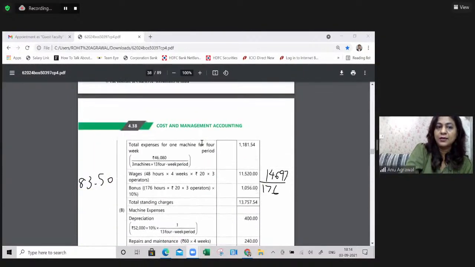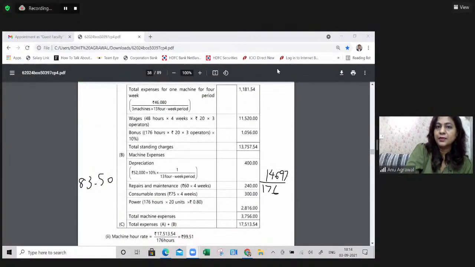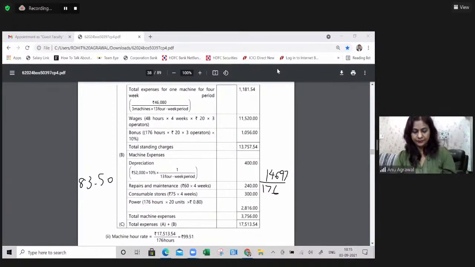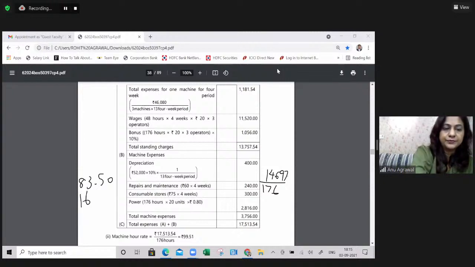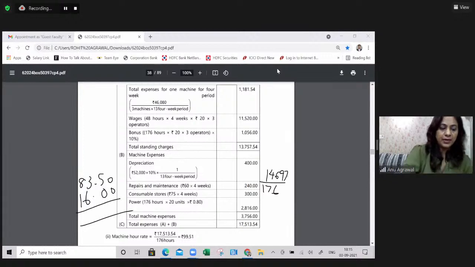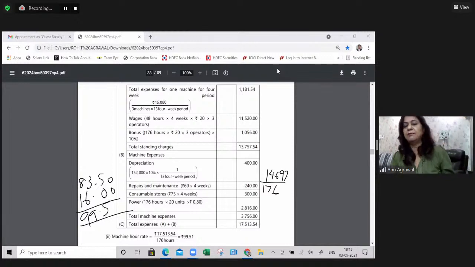So I would have done 20 into 80 paisa, which is 16 rupees. And this would have been my cost, 83.5 plus 16, 99.5. This would have been my machine hour rate.